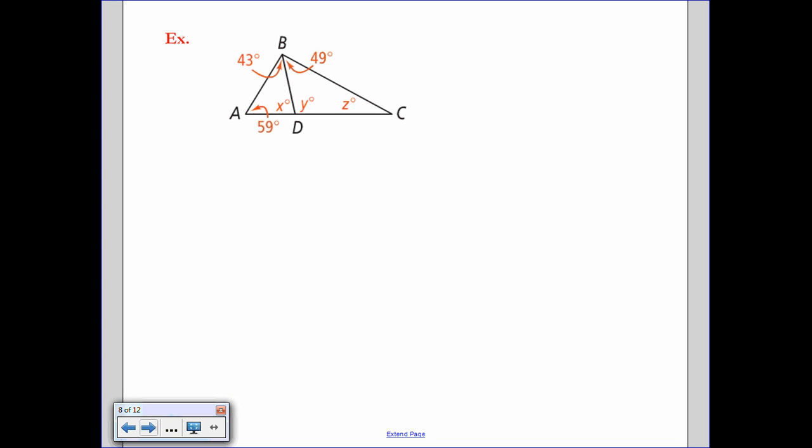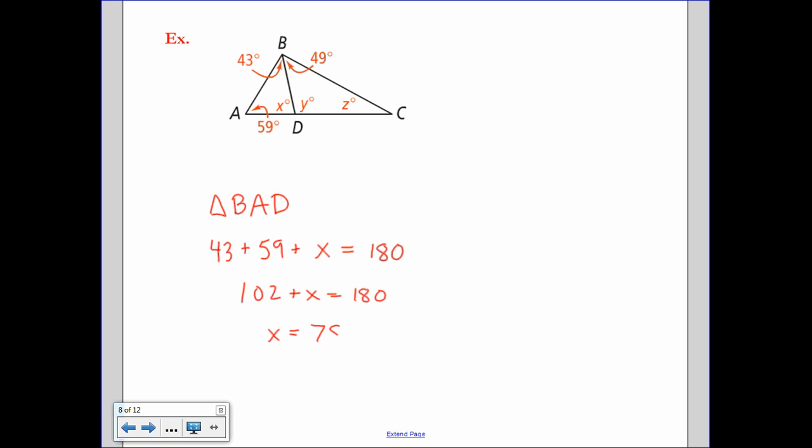I can find x because I see triangle BAD, and I see two of the measurements already labeled, a 43-degree angle and a 59-degree angle, and the only one I don't know is x. The sum of the angles in a triangle is 180. So to solve, I combine my like terms, 43 and 59. 102 plus x equals 180. Subtract 102 to figure out that x is 78.